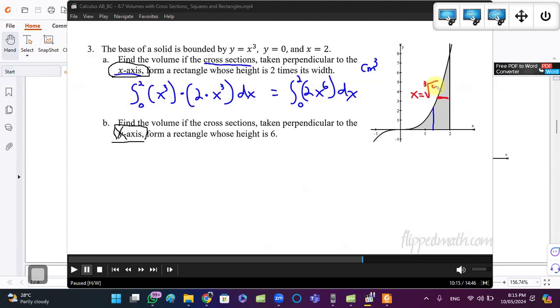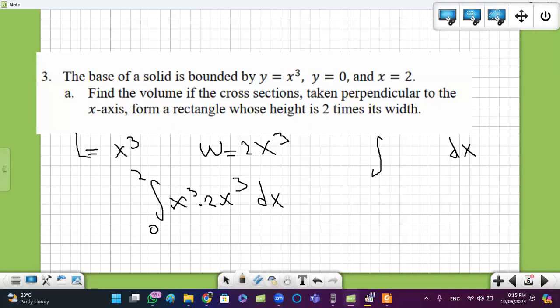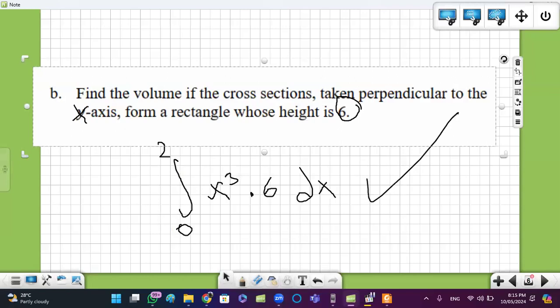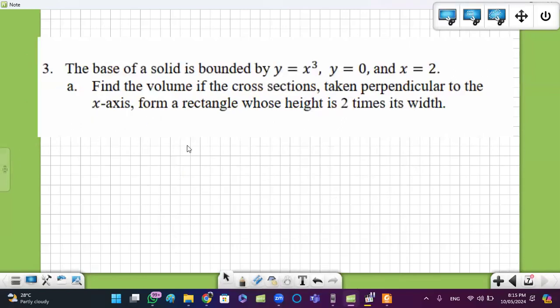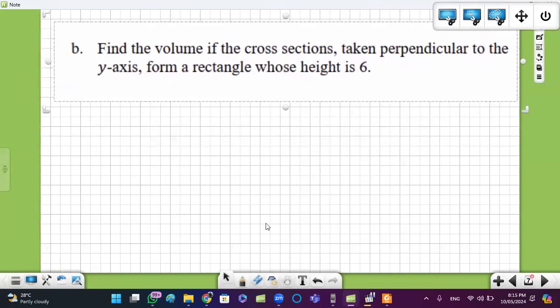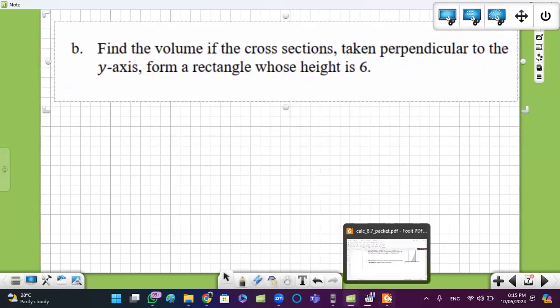If this is the x-axis, then this is right. But here he tells me y-axis. He didn't tell me x-axis perpendicular to y-axis.